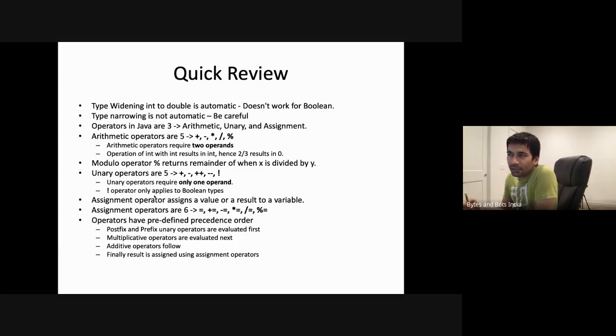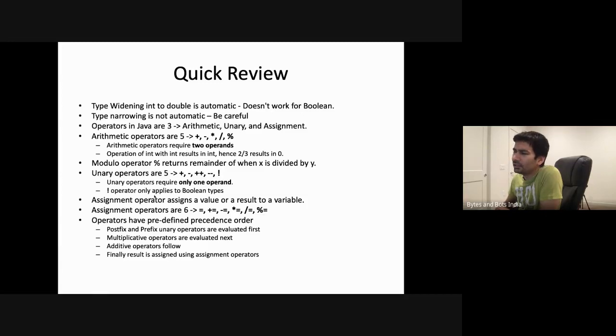Operators in Java are of three types. Arithmetic, which is generally the math things that we do: plus, minus, multiplication, division. In arithmetic, you need more than one operand. In unary, you need only one operand: plus plus or minus minus, which is increment and decrement. A negative before the number would mean a negative number.